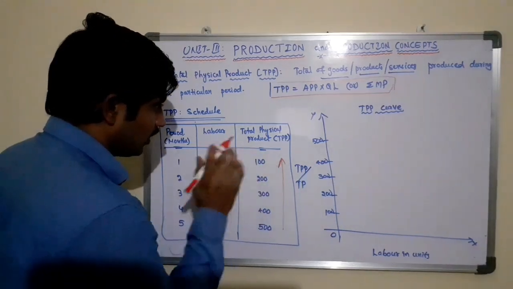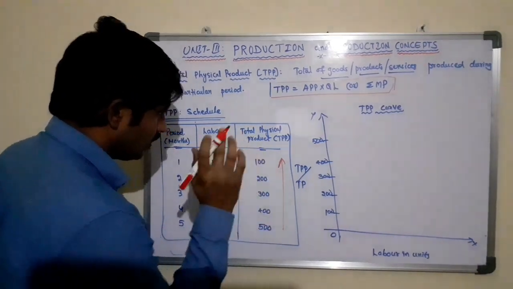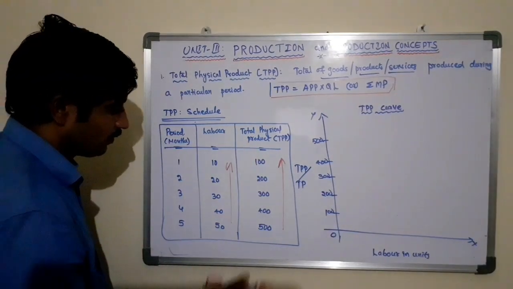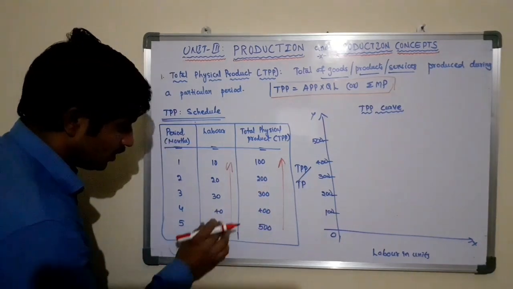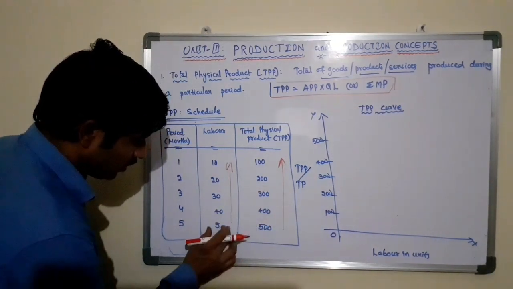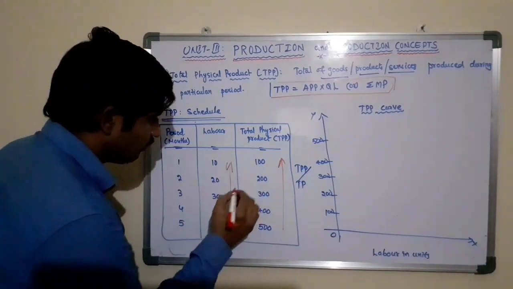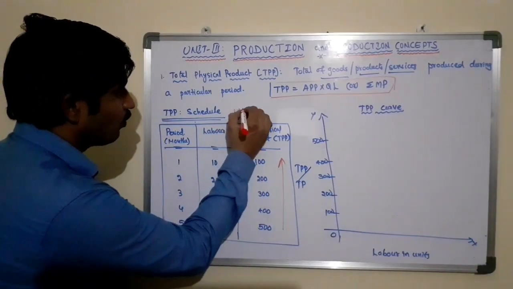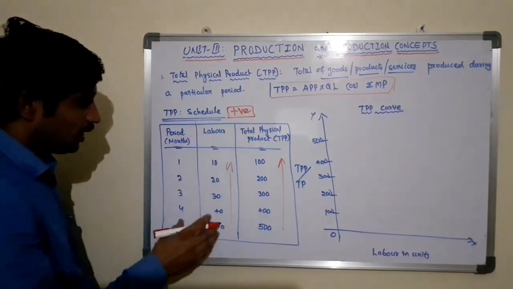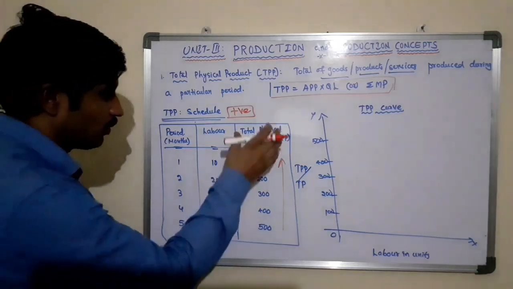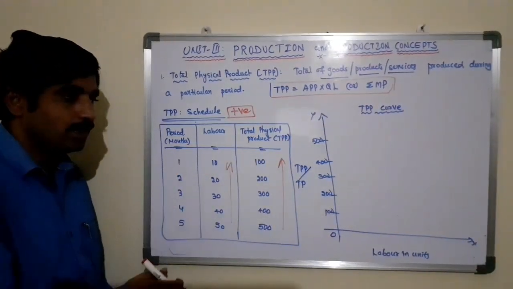At 10 labor, 100 units; at 20 labor, 200; 30 labor, 300; 40 labor, 400; 50 labor produced 500. See, the relationship between these two is positive, between the labor we engage to produce the product and the total products produced during this period.